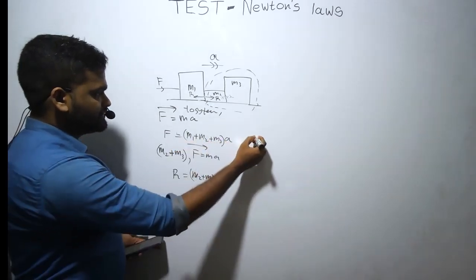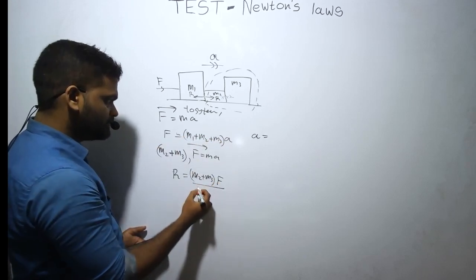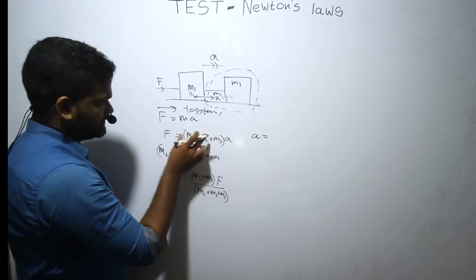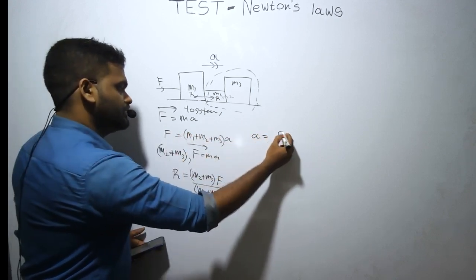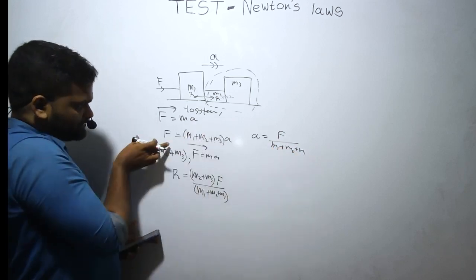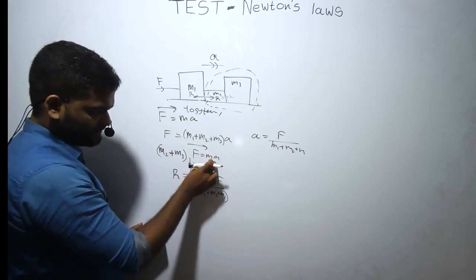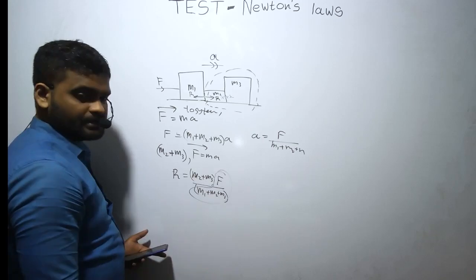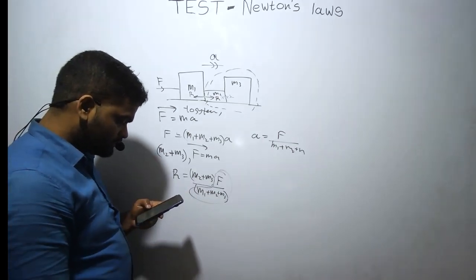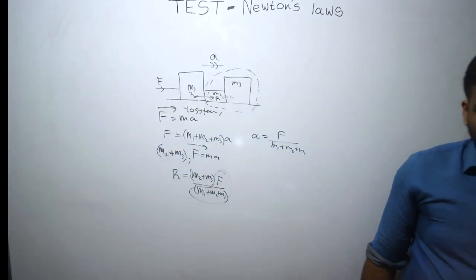You can see that acceleration is F divided by this whole mass, F divided by M1, M2, M3. This is one term, so you cross multiply it and substitute for the acceleration here. So this should be the answer. The answer is the fourth one, M2 plus M3, F divided by M1, M2, M3.